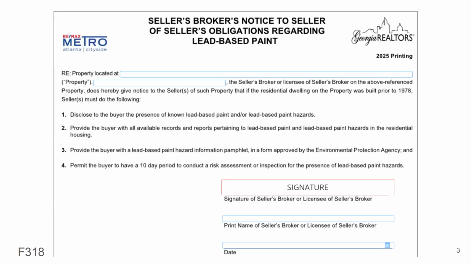Now, let's just ask the straight up question. This document clearly states that, hey, seller, you're responsible if the property was built prior to 1978, you must disclose to the buyer the presence of known lead-based paint or lead-based paint hazards, provide the buyer with all available records or reports pertaining to lead-based paint, provide the buyer with a lead-based paint hazard information pamphlet, which we are familiar with, and permit them to have a 10-day period to conduct a risk assessment.